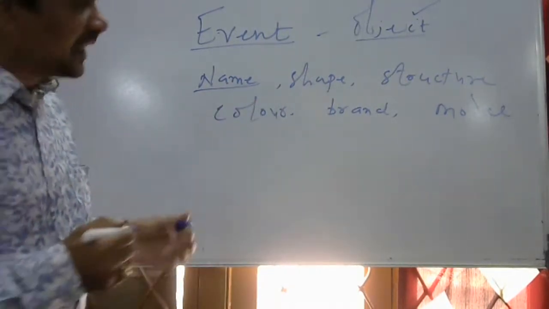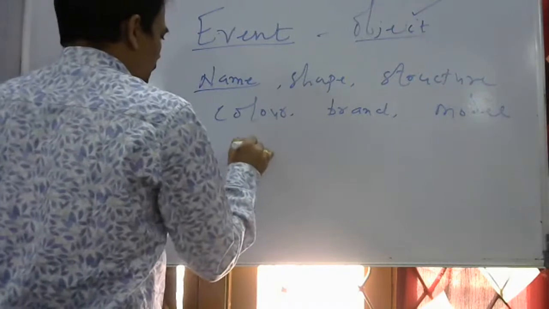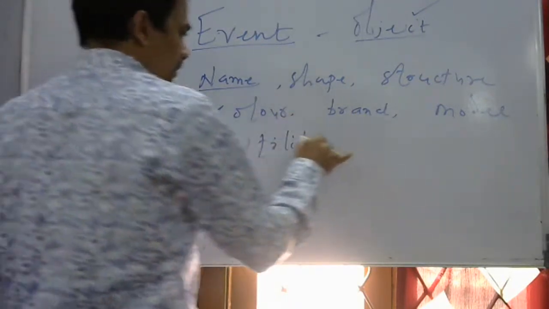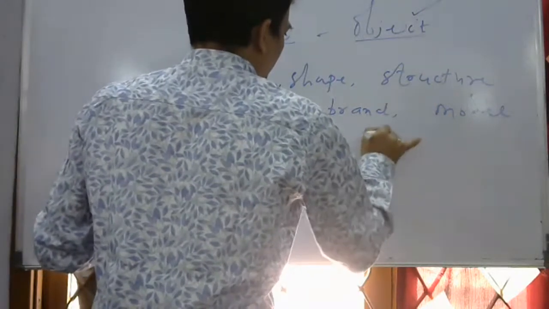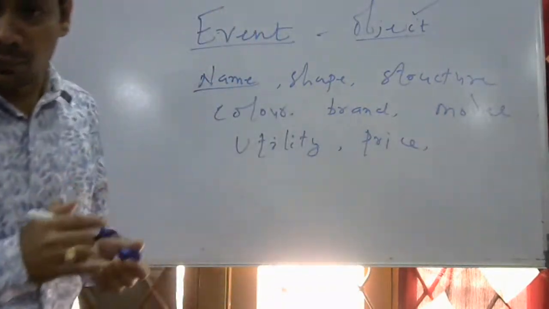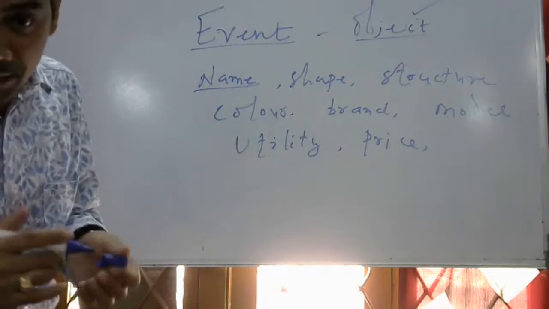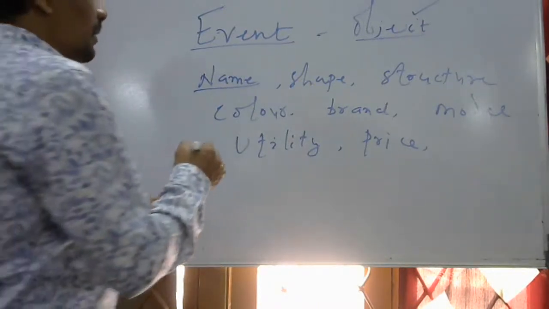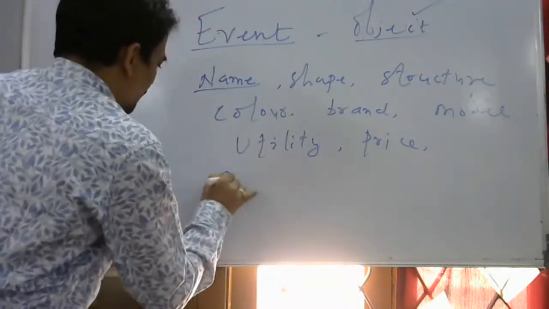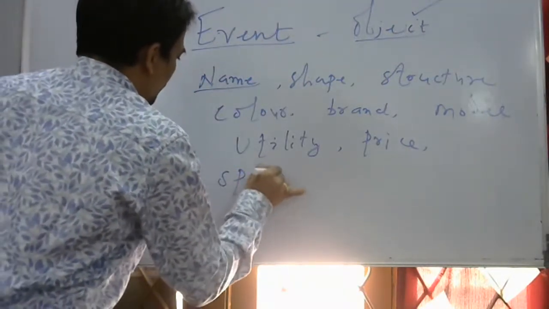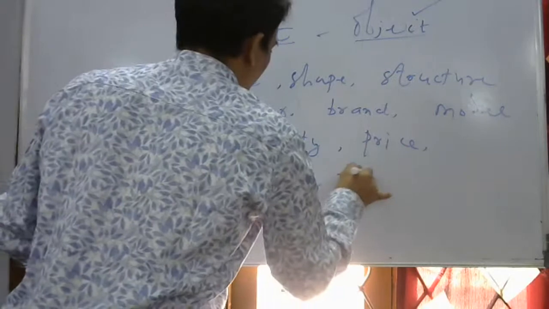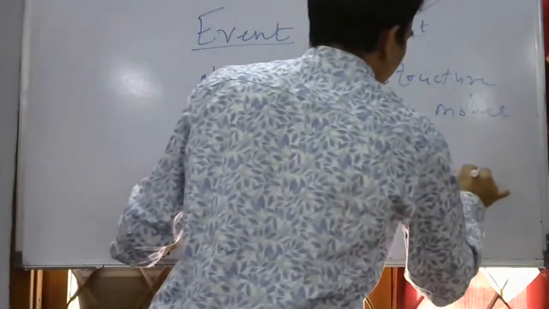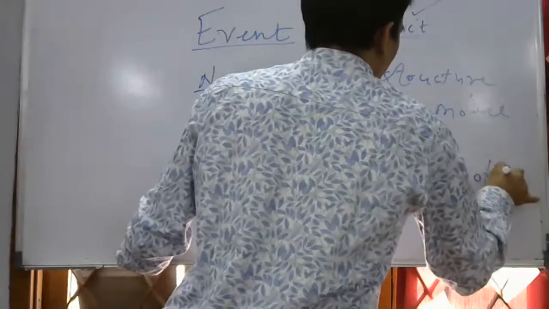Then utility, price, utility, the use of that, then price. These all points you have to note down. Then availability, any other relevant point or special features about the object, of that particular object.